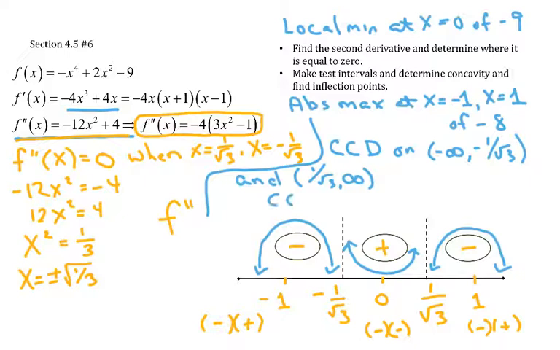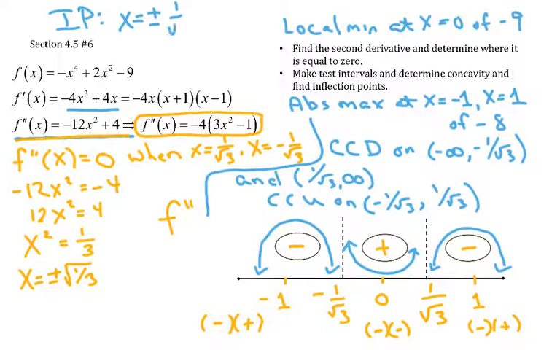We're concave up in the middle, from negative 1 over the square root of 3 to 1 over the square root of 3. And where are my inflection points? Well, they're at x equal plus or minus 1 over the square root of 3. And we will have to figure out what the y value is by plugging those values into f.